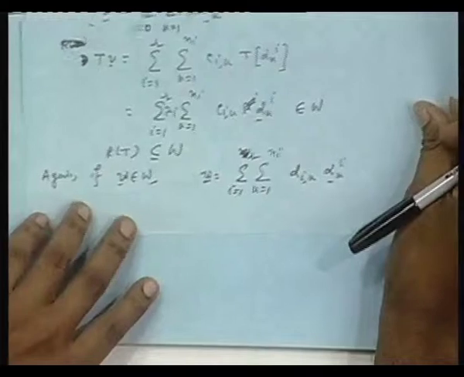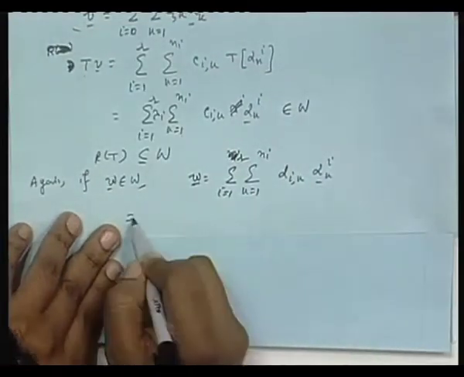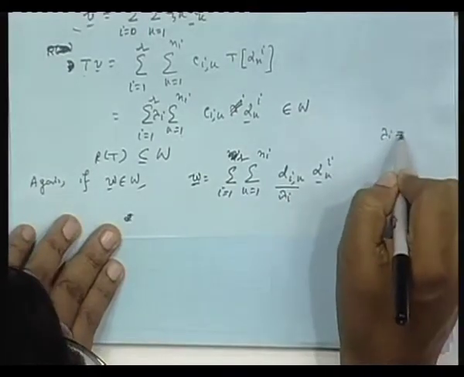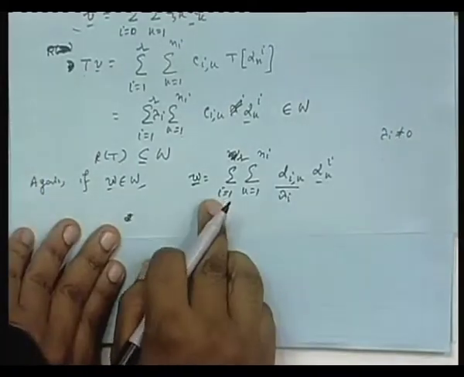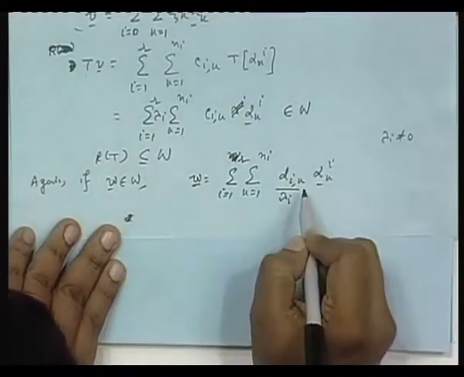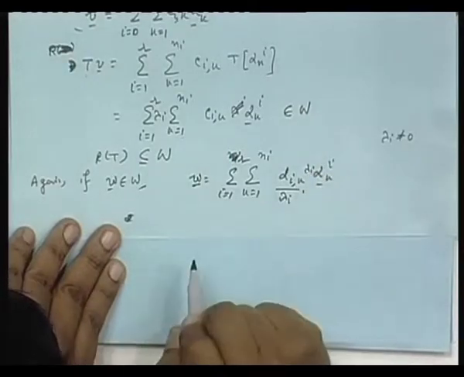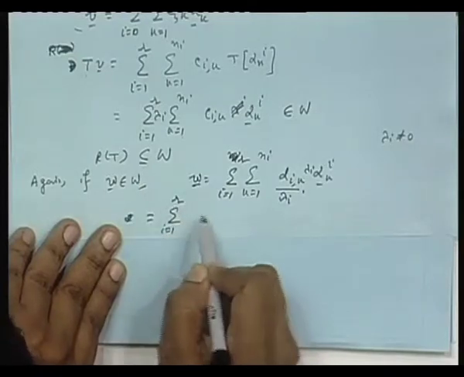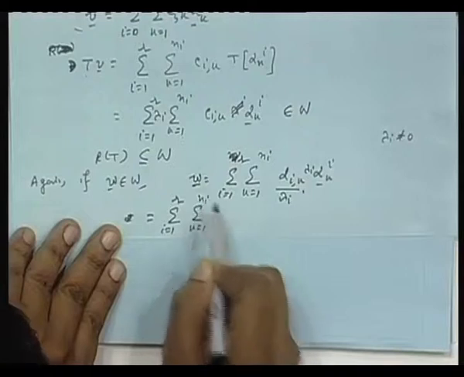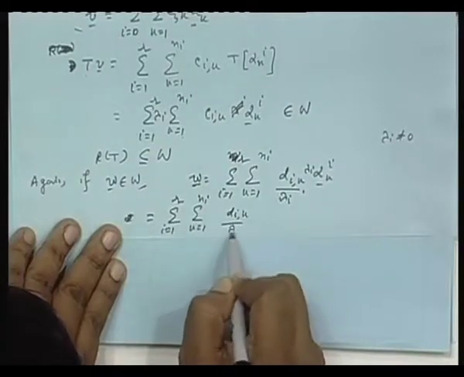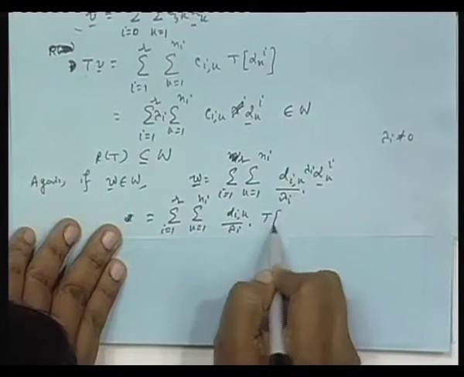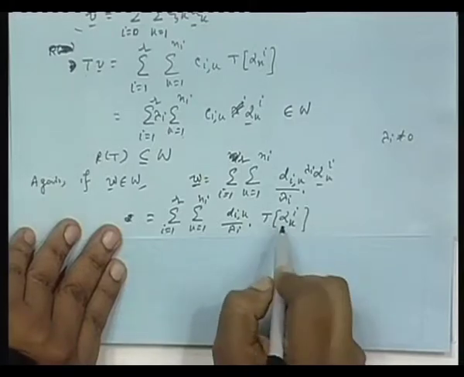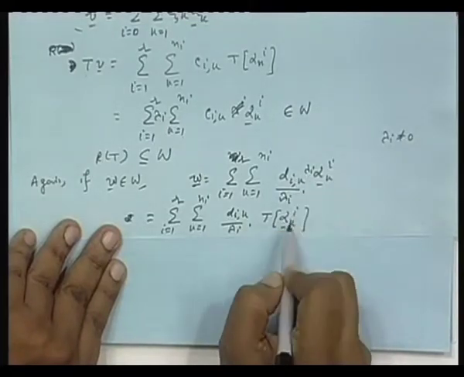But this I can also write by dividing by lambda i and multiplying by lambda i, because lambda i is not equal to 0. The 0 eigenvalue case has been separated out; here i starts from 1. So I can write it as the sum over i equal to 1 to r, k equal to 1 to n i, of d i k by lambda i, T working on alpha i k, because T working on this gives the same vector alpha i k multiplied by the corresponding eigenvalue lambda i.